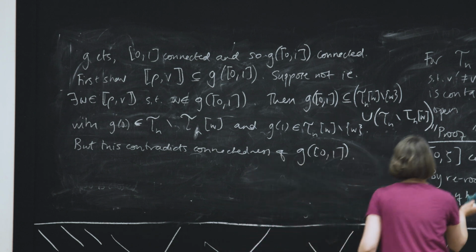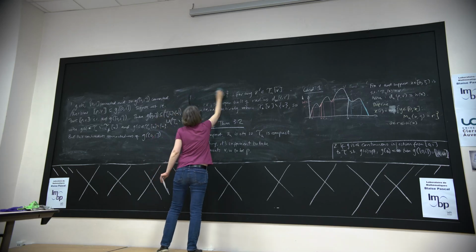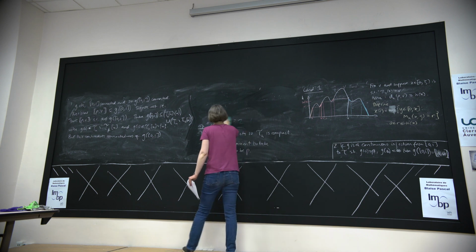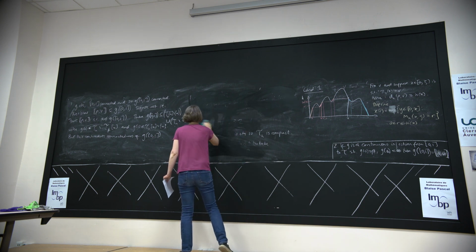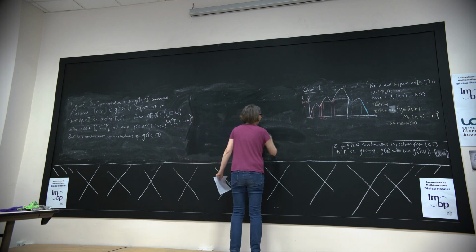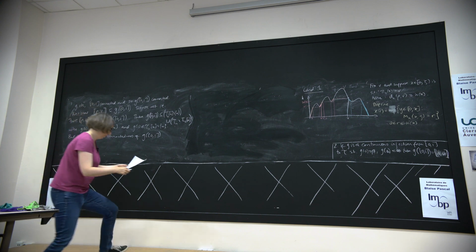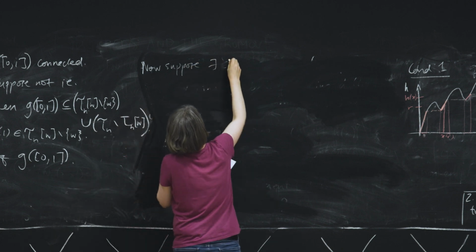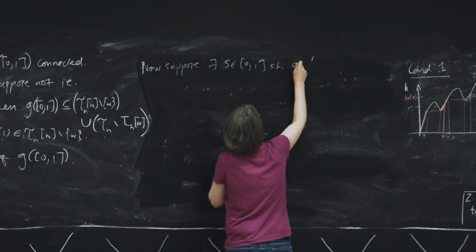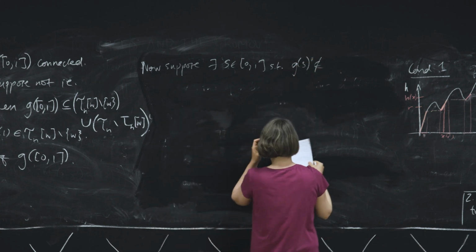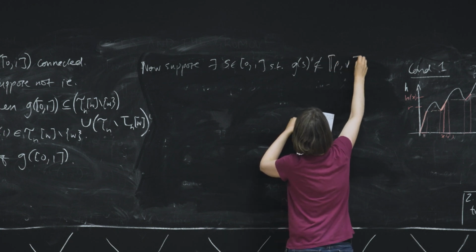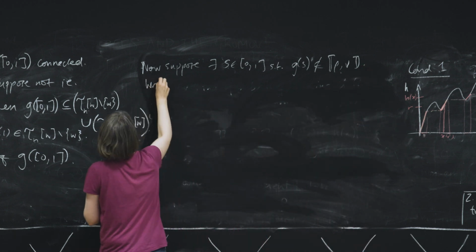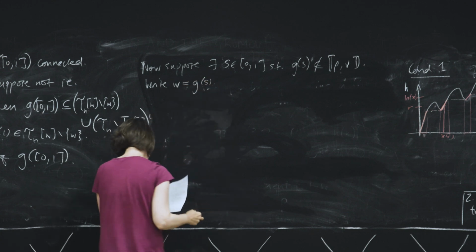So, one last thing to do. So now suppose there's an S in the interval [0,1] such that G of S is not in the set of ancestors of V. Okay, so let's write W for G of S again.